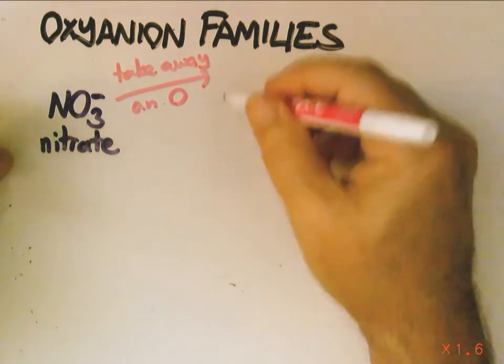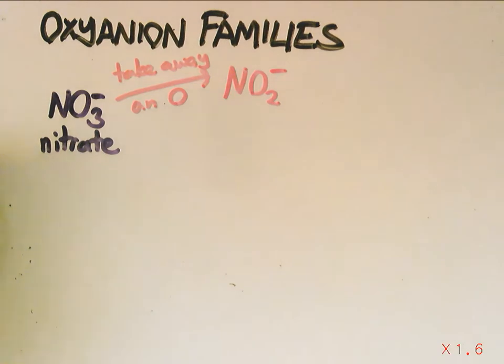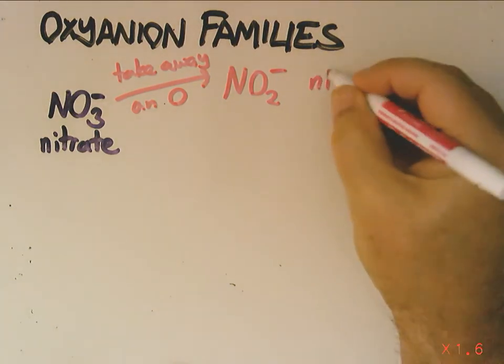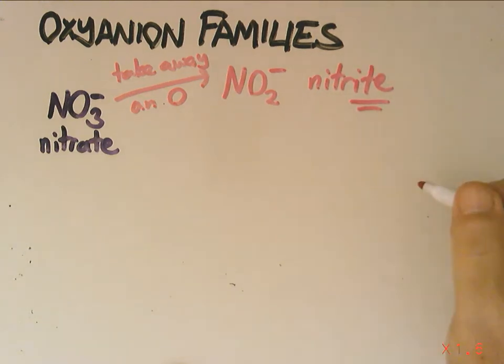And then you'll get, now if you do that, that is called nitrite. The ITE ending on there means take away an oxygen.